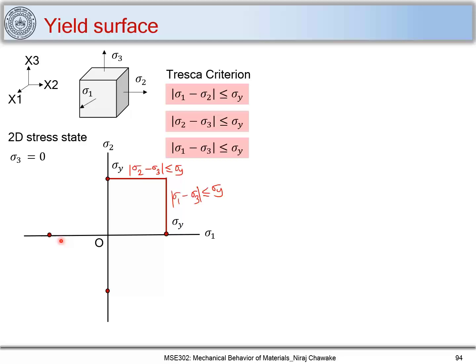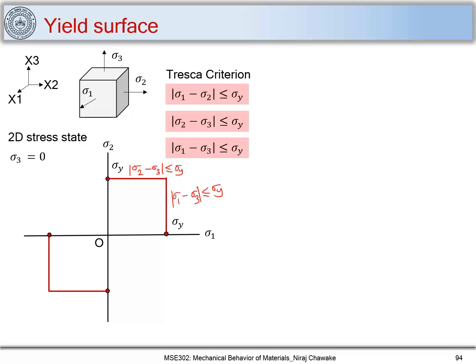Similarly, you can see the same behavior in this quadrant, the third quadrant, where both sigma 1 and sigma 2 are negative. Basically, you will get the same relation over here. Now, when I consider this region where sigma 1 is negative and sigma 2 is positive, what you can get here is the maximum shear. Let me write it down.